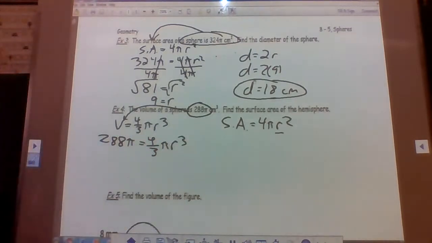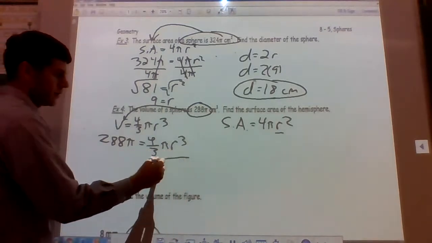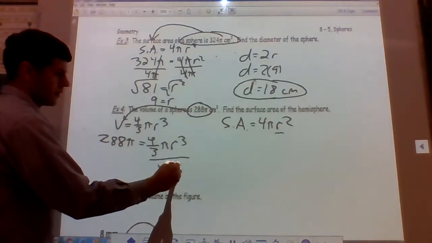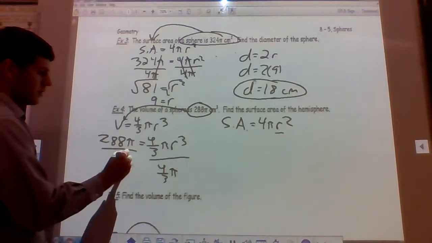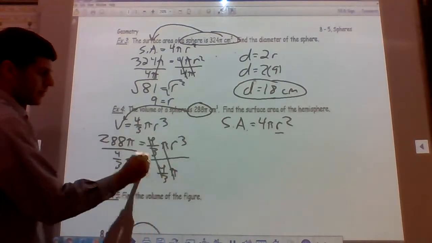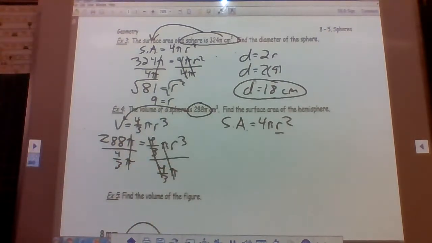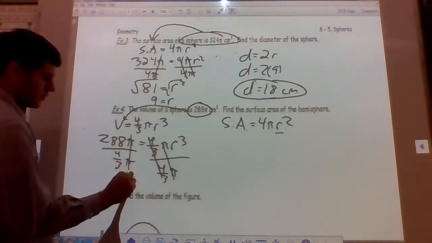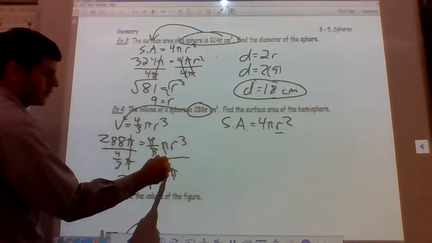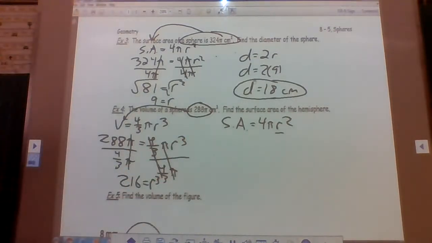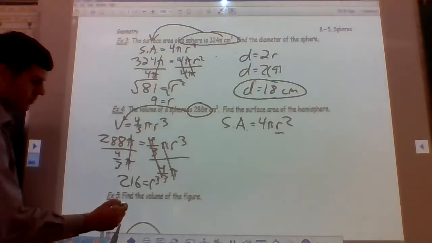So we're going to have to divide by 4/3 pi on both sides. Pi's cancel out, so we get 288 divided by 4/3. It's 216. So 216 equals r cubed. Okay, so we got to take the cube root of that, which is 6.